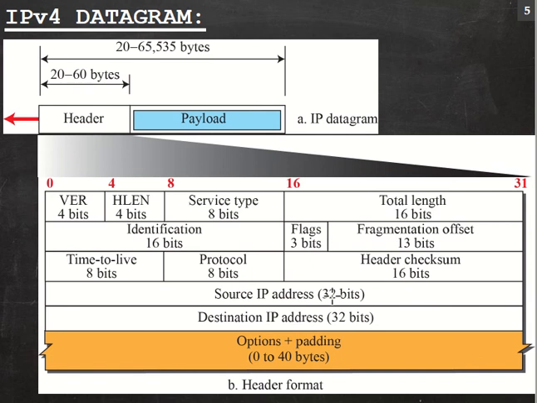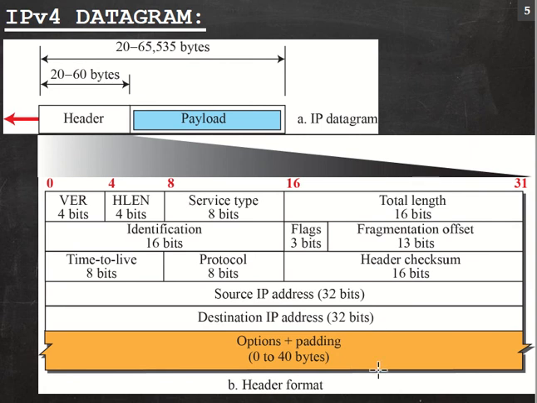The next two fields are the IP addresses. The first one is the source IP address, the address of the source, the one which initiated or is going to send the data. Next one is the destination address, where the packet has to be sent. Both are 32-bit addresses.